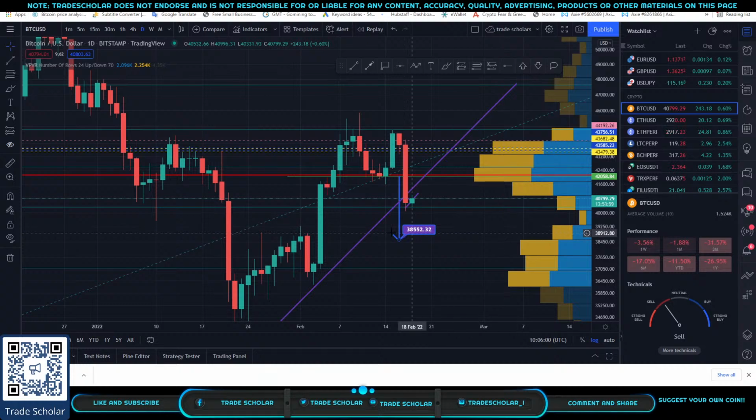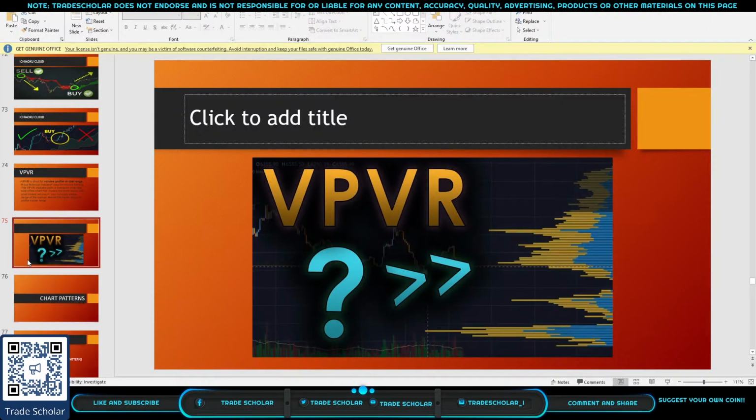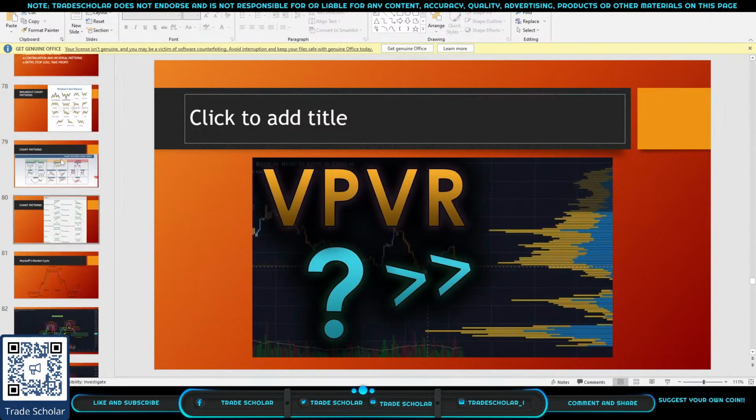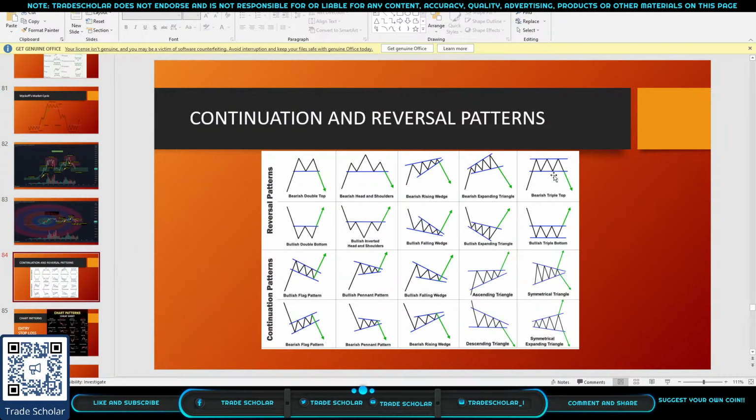You can see the price target here from the double top. Let me show you the double top. Here, a bearish double top. Others call it an M pattern, but this is a double top.